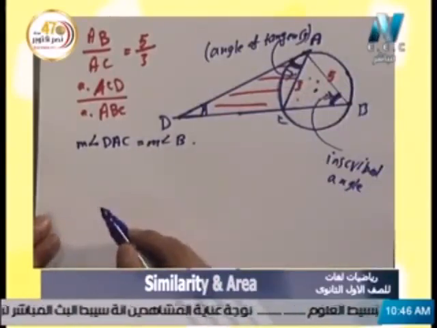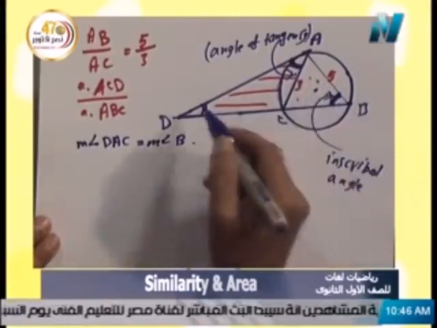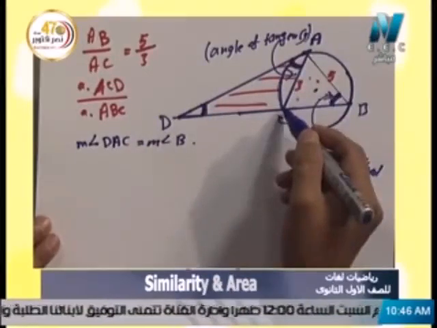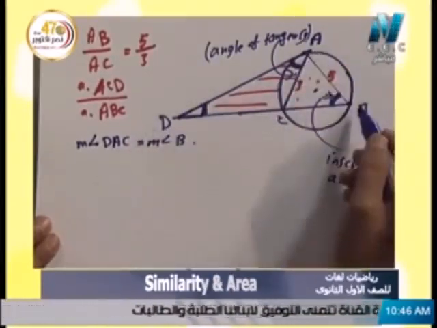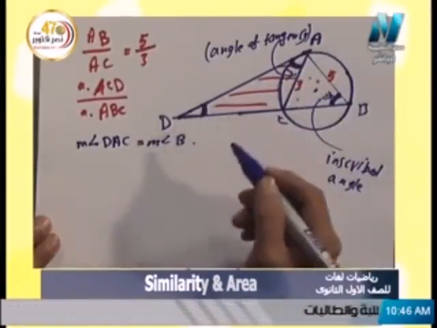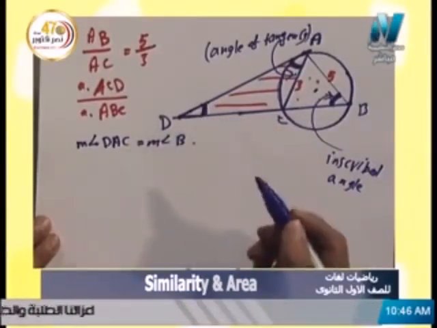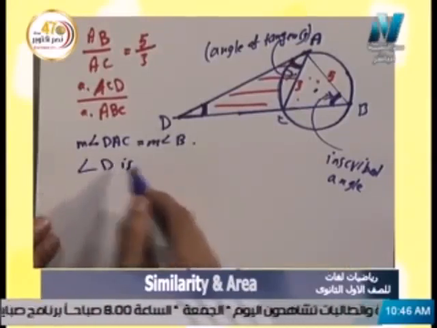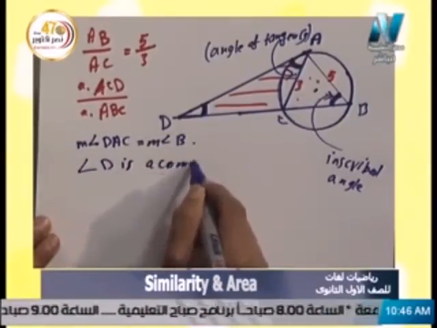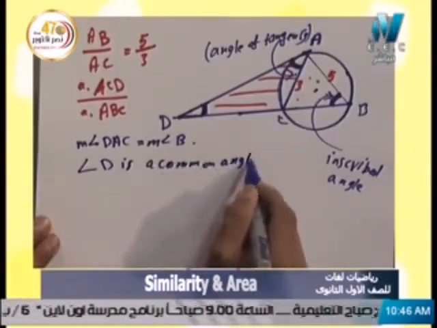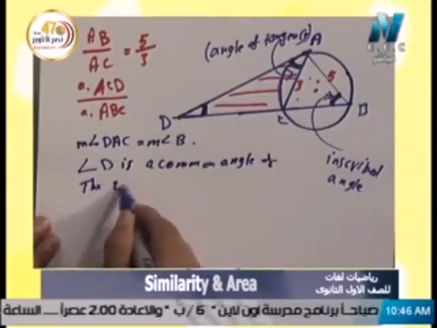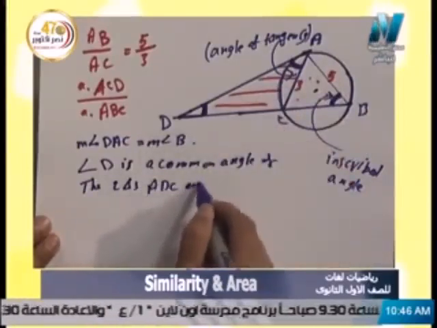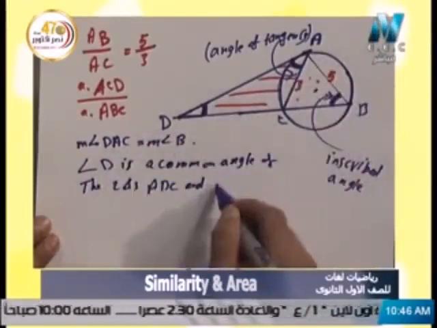So when we said that this angle equals this angle, and we have a common angle between the two triangles ADC and ADB, since we said D twice in the two triangles, the angle D is a common angle of the two triangles ADC and ADB.